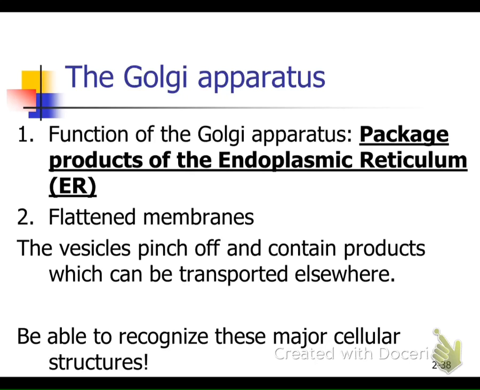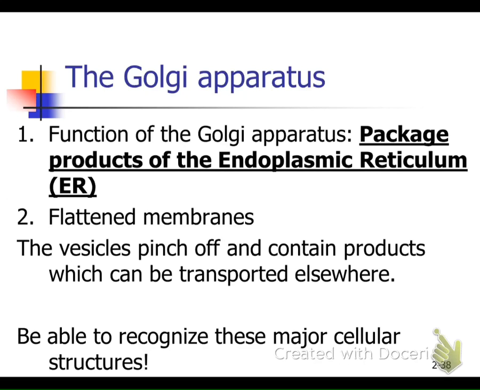Next, the Golgi, again capitalized, named after somebody. The Golgi is going to be receiving and packaging those molecules that were made by both the rough and the smooth endoplasmic reticulum. Okay. So that means that the Golgi will be receiving the proteins made by the rough ER and the lipids made by the smooth ER, and I always think of it as the UPS station of the cell.